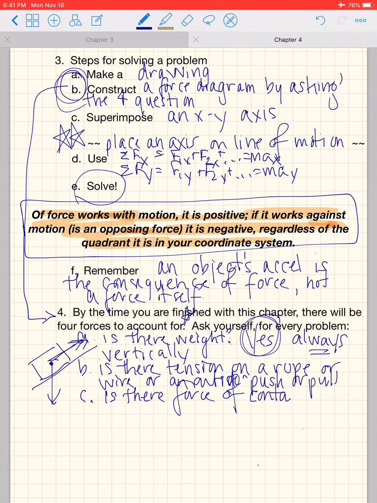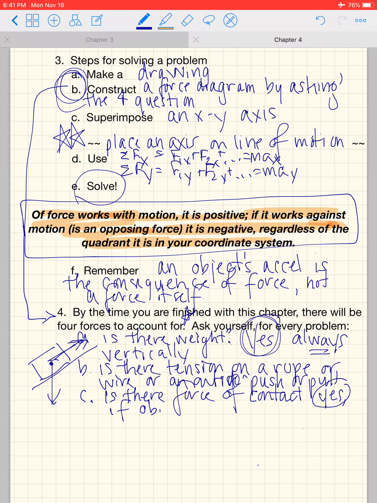And the answer to that is going to be yes if the following is true. So it's going to be yes if, but only if this is true. If the object is on a surface, it's got to be a rigid surface.